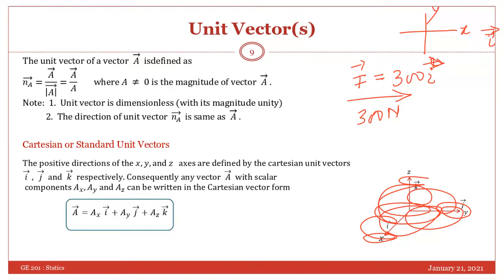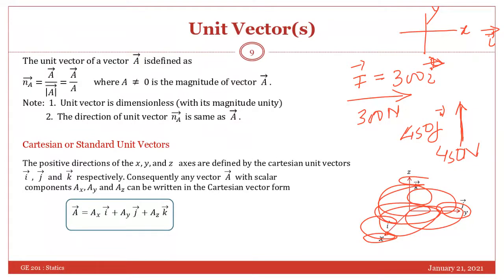Similarly, if you have a force acting in the positive y direction, and say this is 450 Newton, and you want to write it like a vector, you can write 450 j. Similarly, if a force is acting in the z direction, you can multiply by k, and it will convert into vector. So if the forces are acting in the positive x, positive y, positive z, negative z, it is very easy to convert them into vector form.